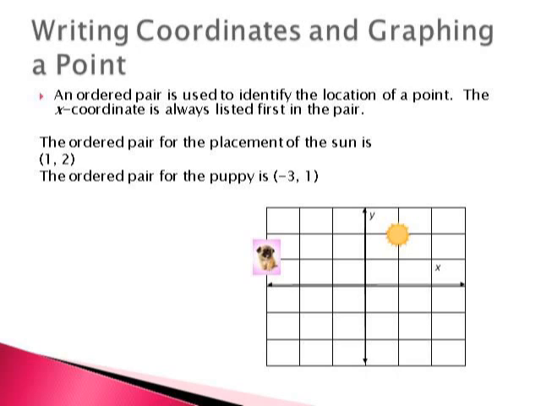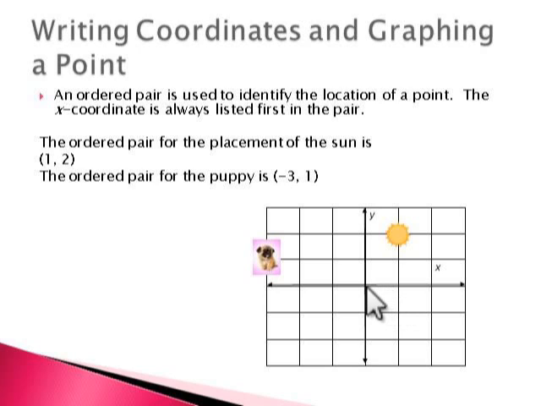So, sometimes you need to write a coordinate, or you need to graph a point. An ordered pair is used to identify where in the coordinate plane your object is, or your dot. So let's check for the sun. Here's the sun. It's on this little intersection of lines, this one and this one. Remembering that we always use the x first, we need to first travel horizontally. So here's our origin, where the x and the y meet.